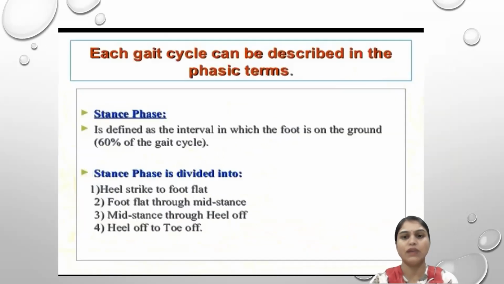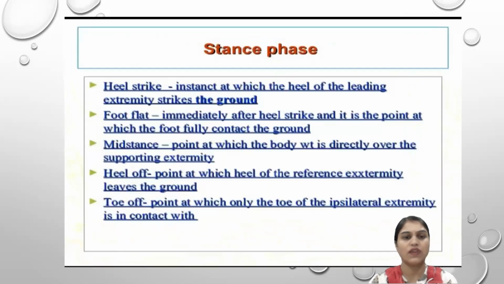Each gait cycle can be described in phasic terms. The stance phase is divided into heel strike, foot flat, mid stance, heel off, and toe off. Heel strike is the instant at which the heel of the leading extremity strikes the ground.